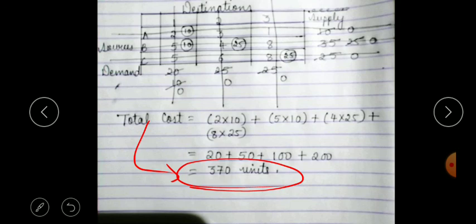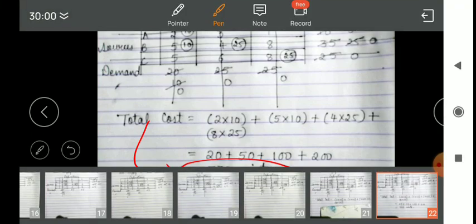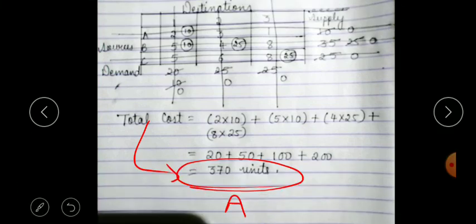Only one thing I have not shown here is allocation. You need to show the allocations also. That is, from source A you are sending to 1, how many items? 10 items.